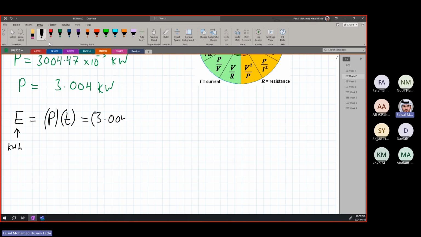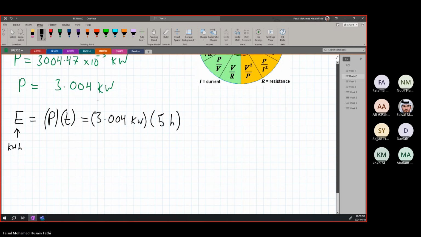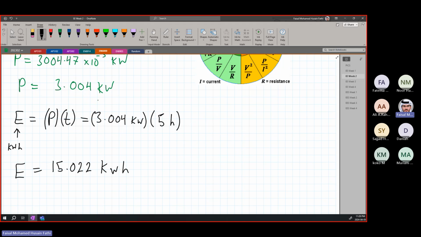Just to be more clear, this is 3.004 kilowatt times the time, which is given to be 5 hours. When we multiply this, energy is going to be equal to 15.022 kilowatt hour, because we are multiplying kilowatts with hours, so it becomes kilowatt hour. Now we have the energy in kilowatt hour.